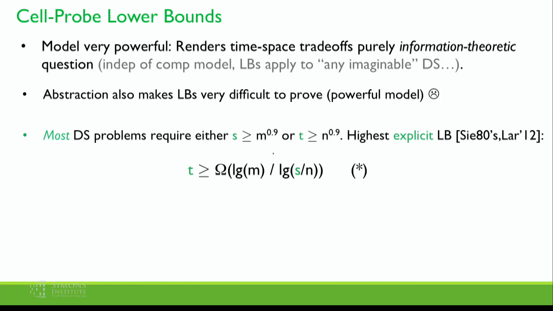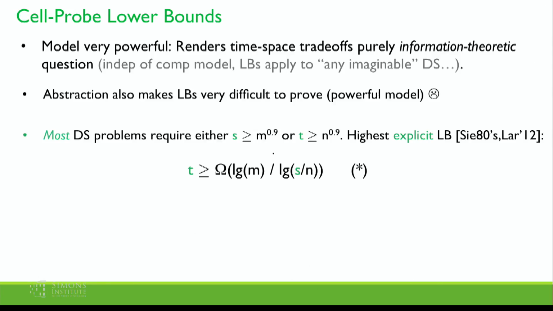So for a typical data structure problem, there's nothing better than the naive extreme solutions. Actually, the bound is much stronger. You need m to the 1 minus little o of 1. So there's really nothing better you can do.